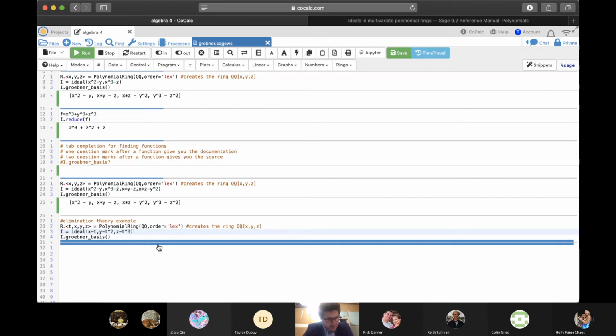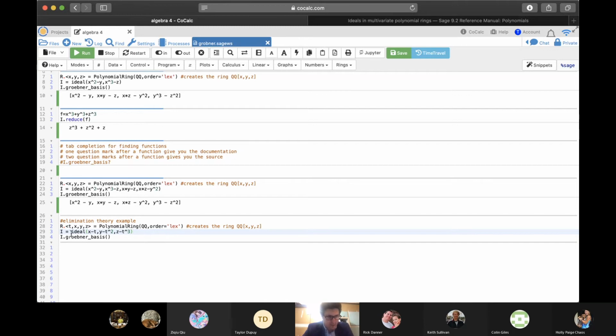What this ideal is, is the graph of the function, like y equals mx plus b or whatever. Except we have x equal to t, y equal to t squared, and z equal to t cubed. You remember the rational normal curve? It's the image of the t, t squared, t cubed function.